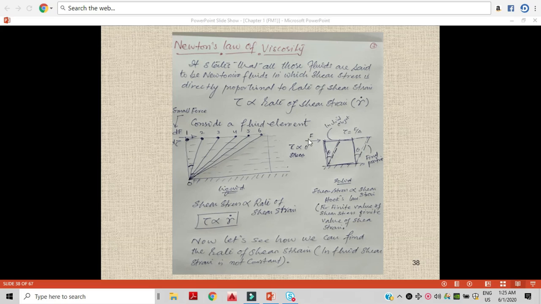There is a small shear force we applied, and because of this a small deformation theta occurs. This is the deformed shape, so a small theta occurs. So for a finite force there is a finite deformation. If you want to deform further, you have to increase the force.